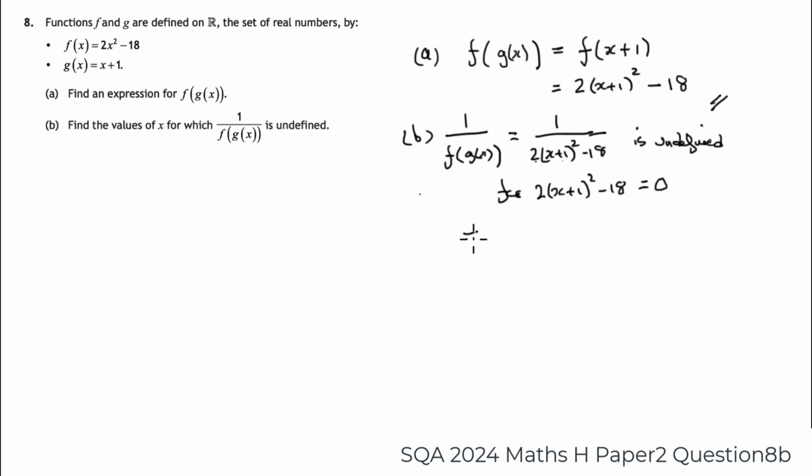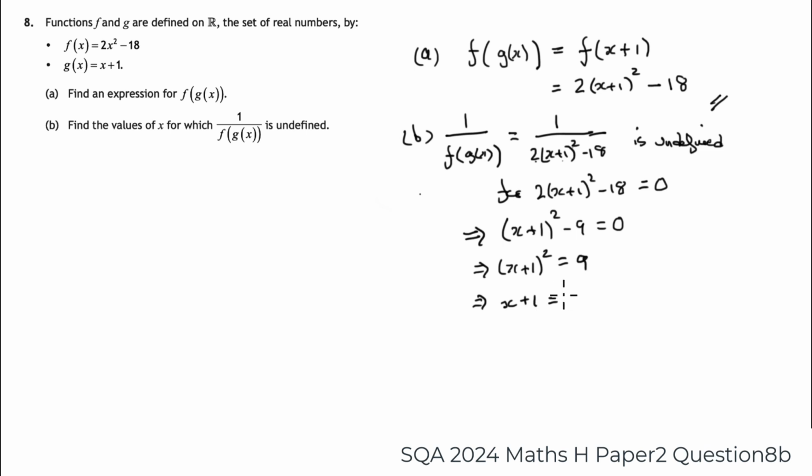So let's try and solve this. If we divide both sides by 2, each term on the left gets divided by 2. Add 9 to both sides. Take the square root of both sides. Now we'll need to watch this, because when you take square roots like this, you could have a negative value.